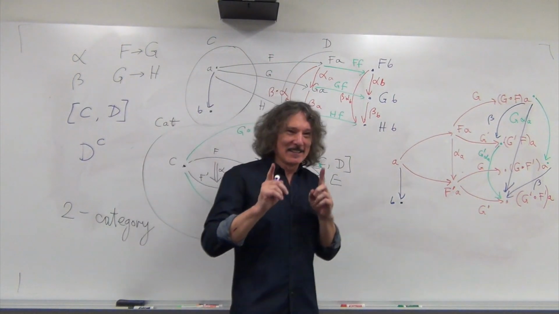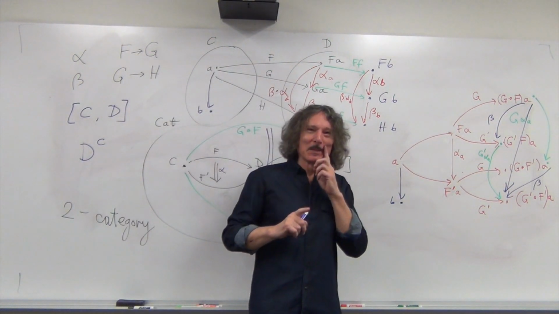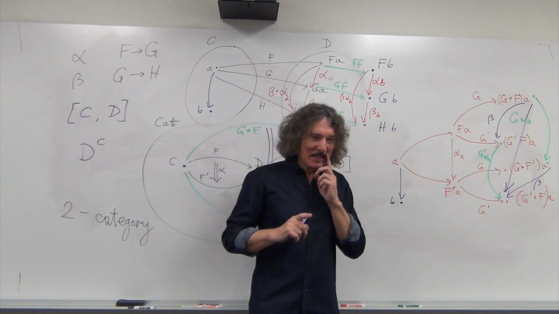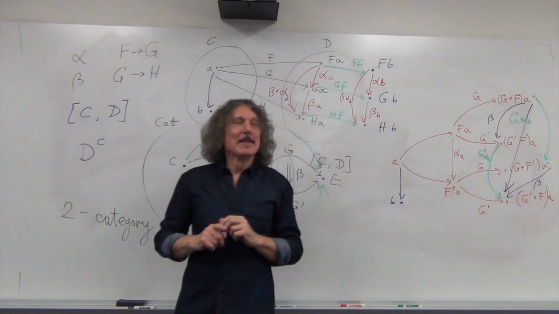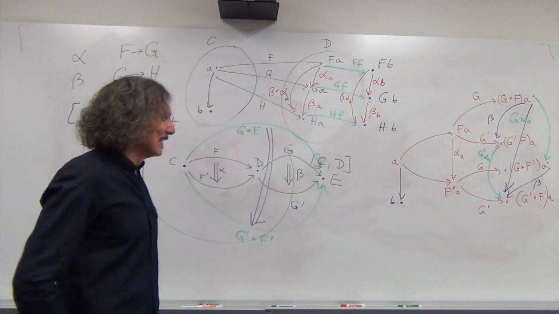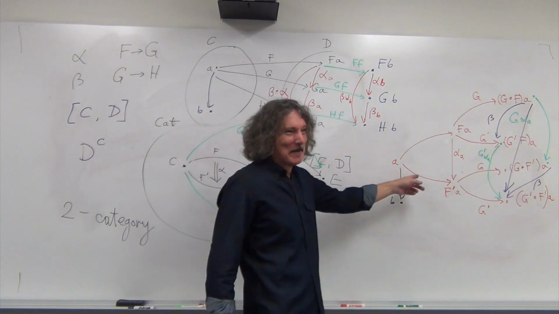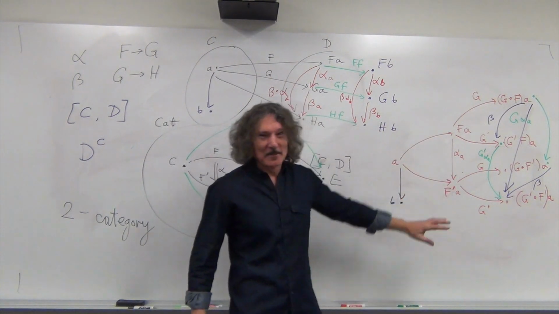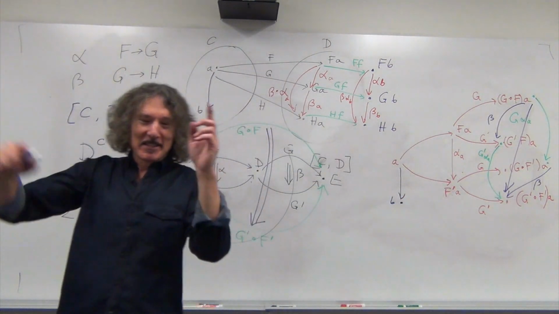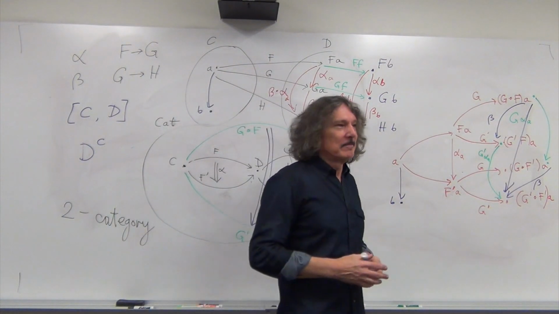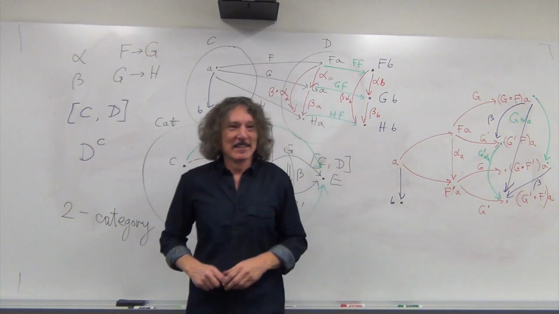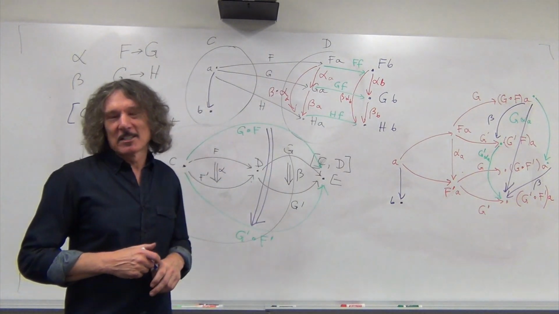For a dedicated reader. I think this is what Mac Lane said in his book. It's an exercise for a dedicated reader, because you really have to be dedicated to chase this diagram. You have to have two copies of this diagram and chase all these arrows around. But it's just chasing arrows. There's nothing much to it.